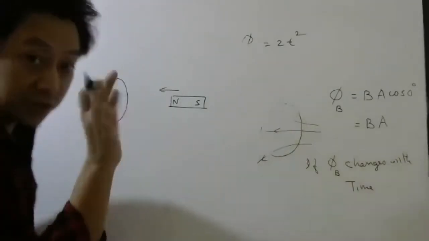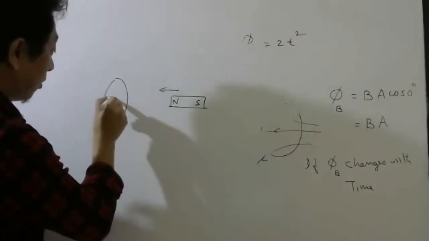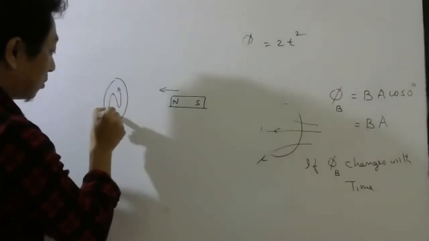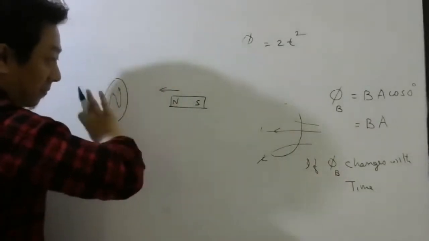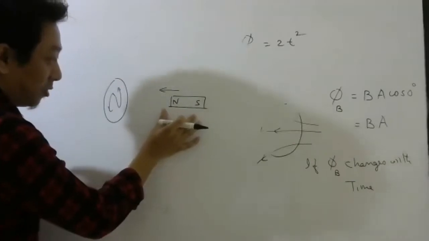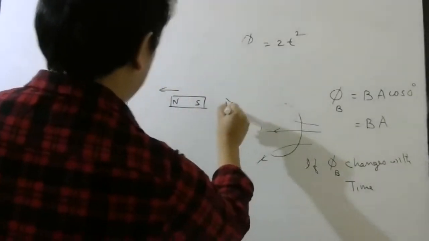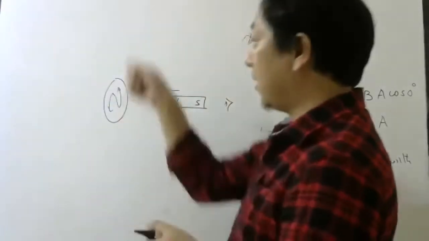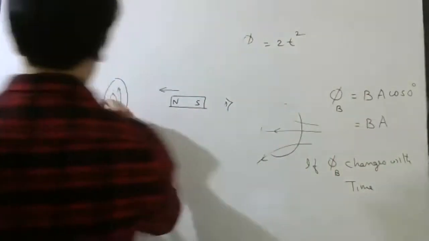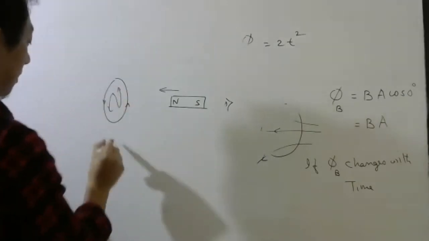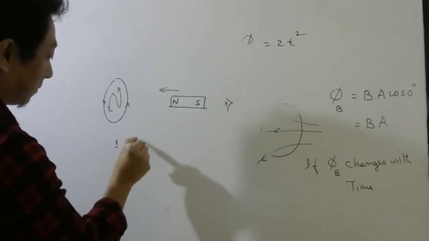So to oppose that, this will also act like north, so that it will repel the magnet coming towards it. So current will flow anti-clockwise if you see from this side. Okay, this will be coming for 1 mark.